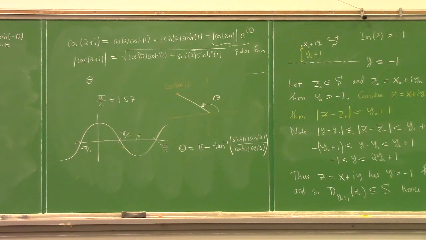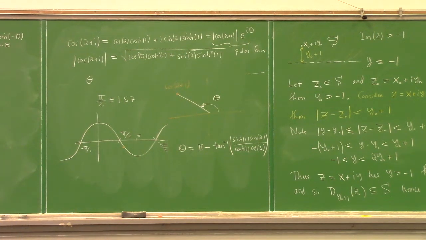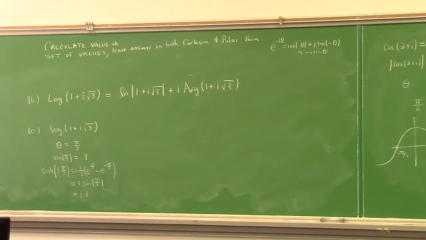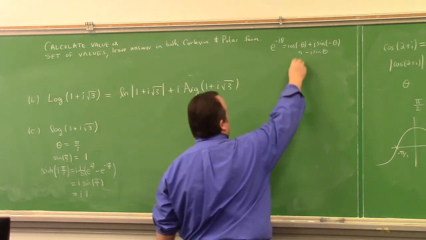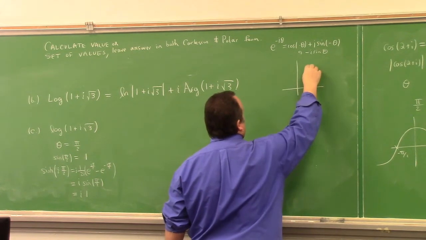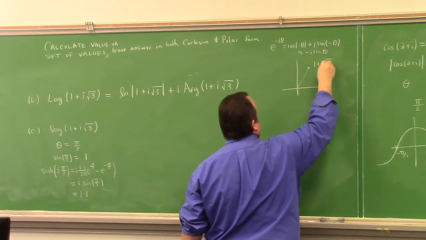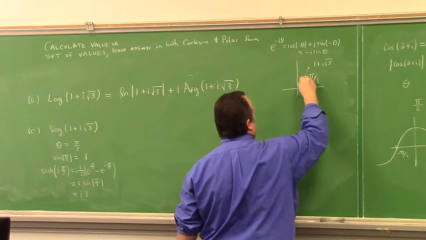And so I think we know 1 plus i root 3, the length is the square root of 1 plus 3, which is 4, which is 2. Okay, and the argument of that is up here, so it's pi over 3.